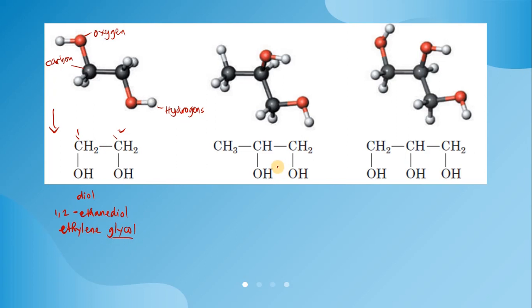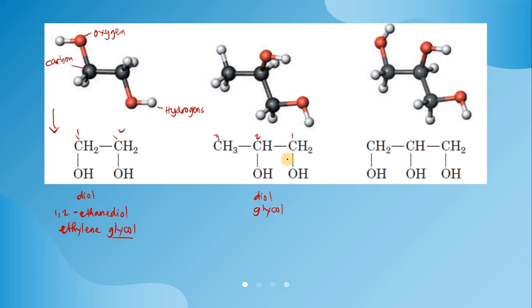Next, this is a diol too. Yes, it's a glycol too, if they are in sequence. Where should we start our numbering? Should we start here? No. The smallest numbers possible should still go to your oxygen, your OH groups. So, 1, 2, and 3. This is how it looks.